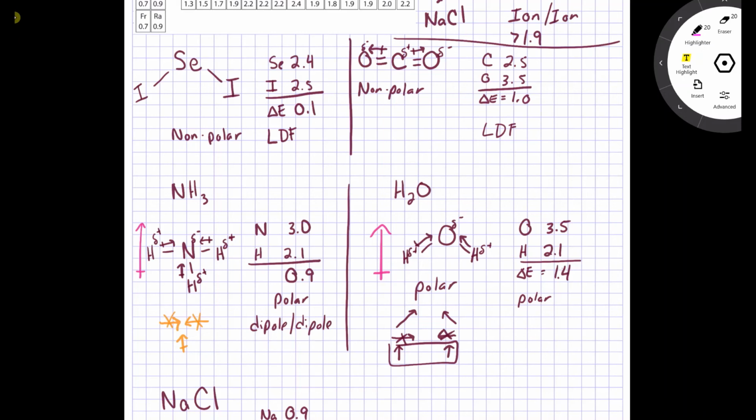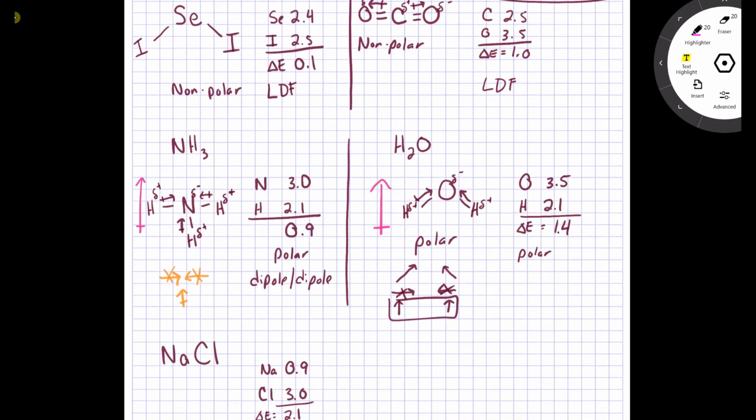This one is a special dipole-dipole. So the van der Waals forces that you guys heard about before, you don't need to know that term for the quiz, but those include the dipole-dipole and this special one. So this special one is a hydrogen bond.